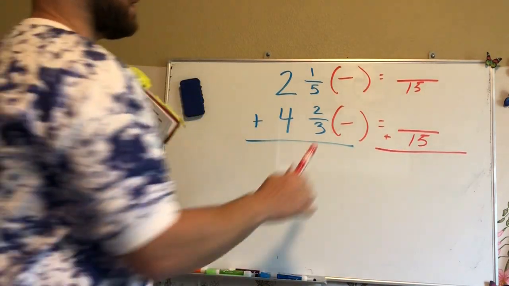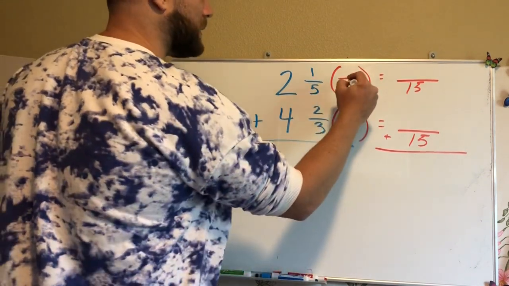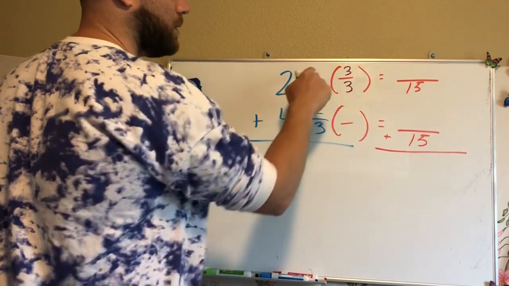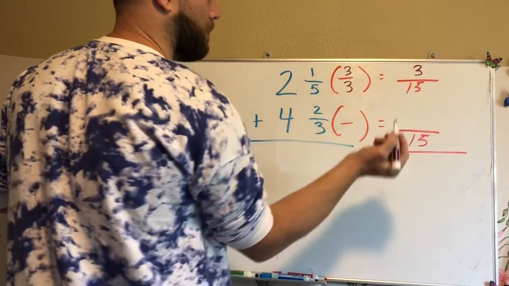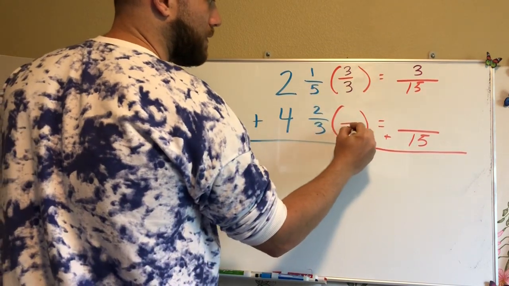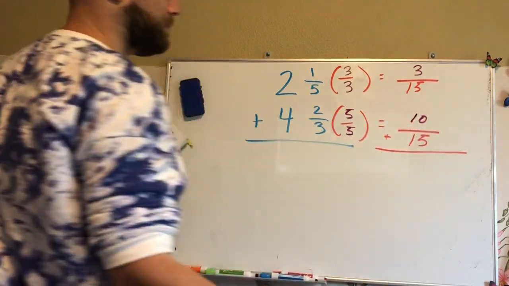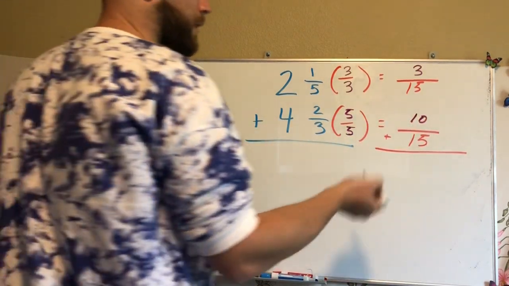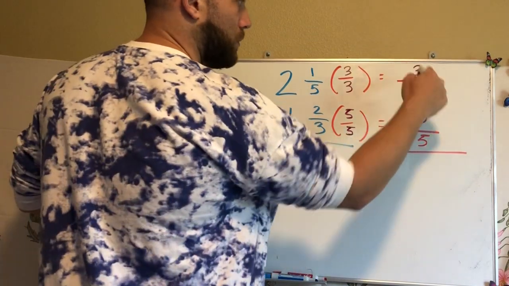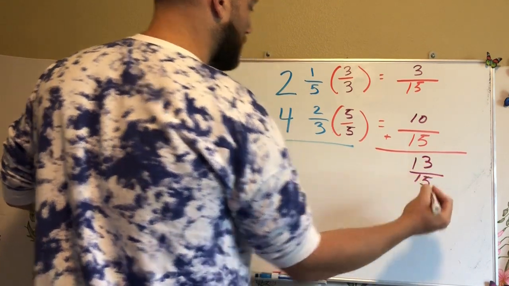So, 5 times what equals 15? 3. So I gotta put a 3 up here. Remember, this is the whole number. 1 times 3 is 3. 3 times what equals 15? Oh, look, it's already there. 5. So this is gonna be 5 over 5. What's 2 times 5? 10. So I'm adding my fractions together now because it's the same over here. Still adding them. So 3 plus 10, 13 fifteenths.